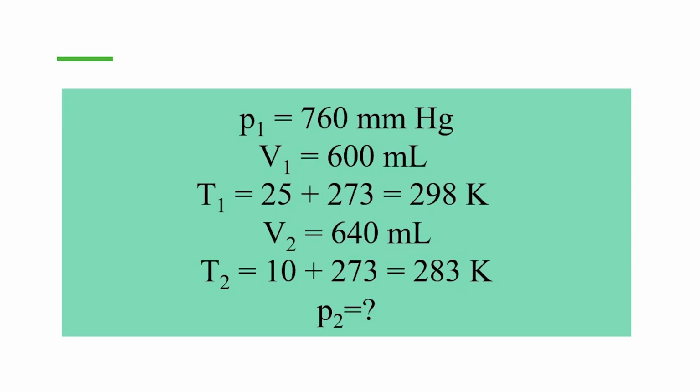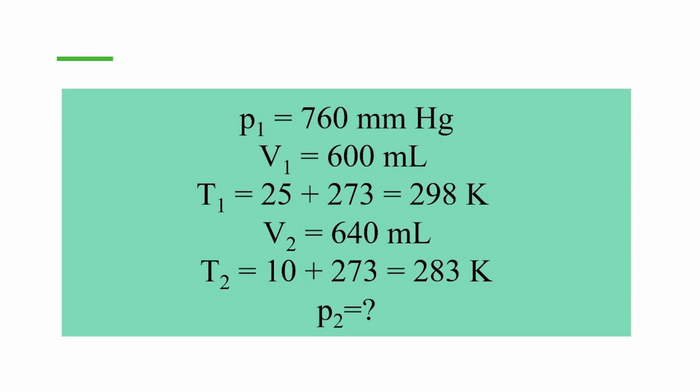Here temperature 25 degrees Celsius is given, pressure 760 millimeters of mercury is given and volume is 600 ml. This can be taken as state 1. So P1 is 760 millimeters of mercury, V1 is 600 milliliters, and the temperature 25 degrees Celsius we have to convert into the Kelvin scale, so T1 becomes 298 Kelvin.